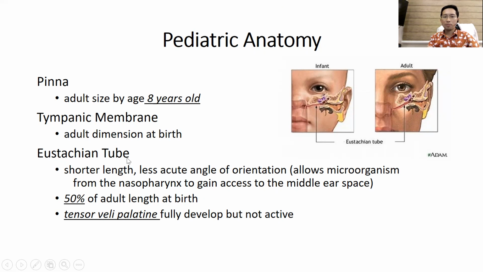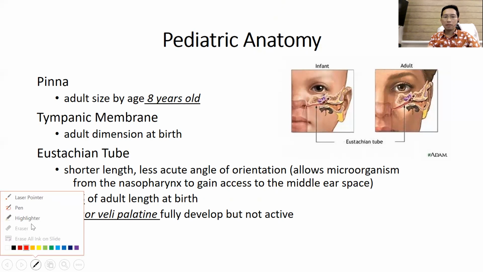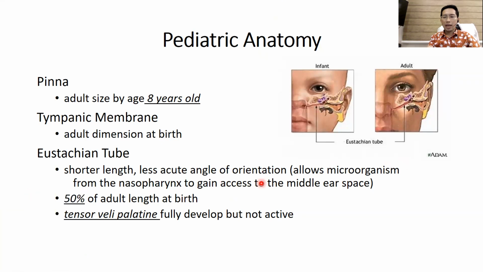And the eustachian tube, during infant age, is characterized as shorter in length with a less acute angle. Thus, it allows microorganisms from the nasopharynx to gain access to the middle ear space.